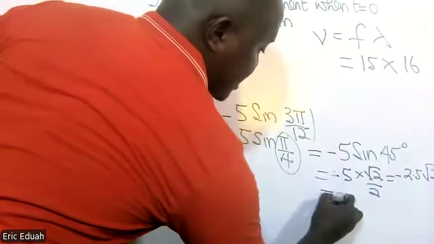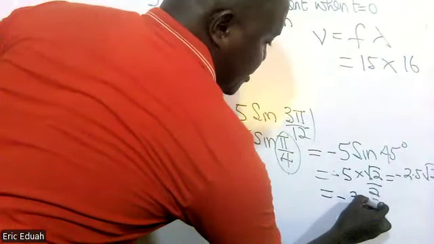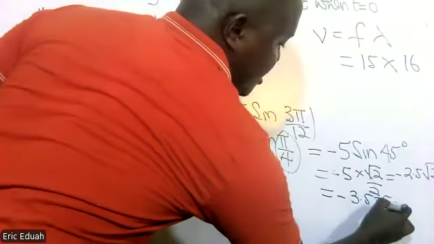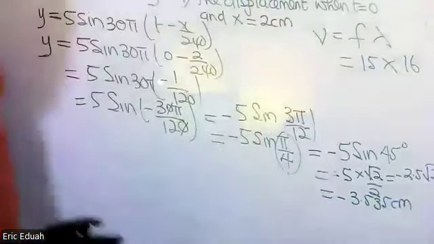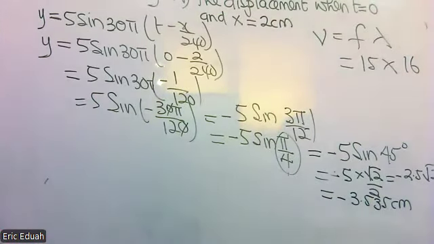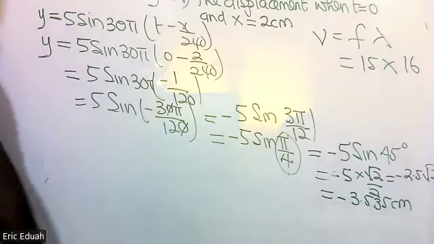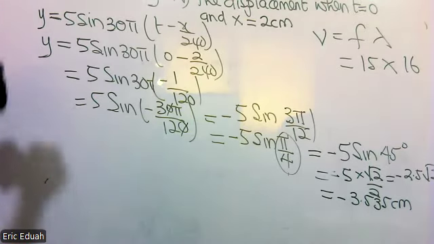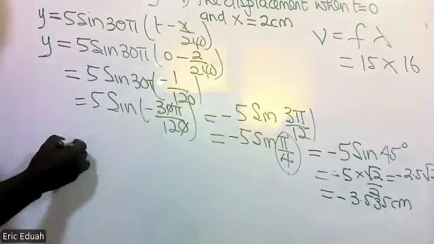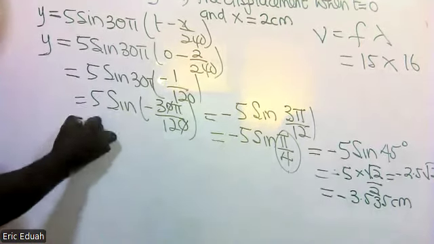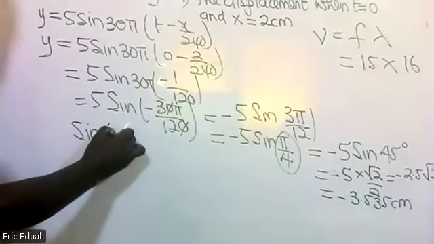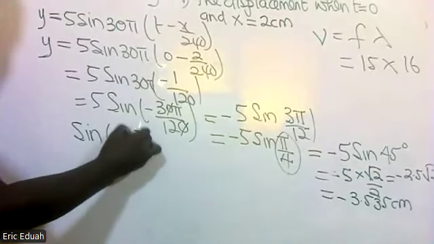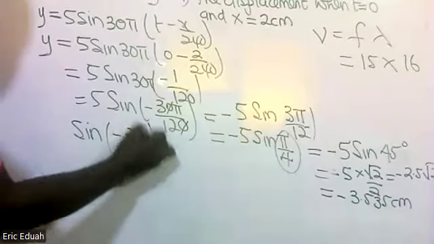Is that not it? Yes. So if t is 0, x is 2, the displacement will be equal to negative 3.535 centimeter. Please, I changed this because you see, we had sine of minus pi on 4.